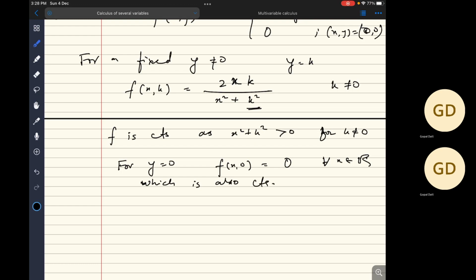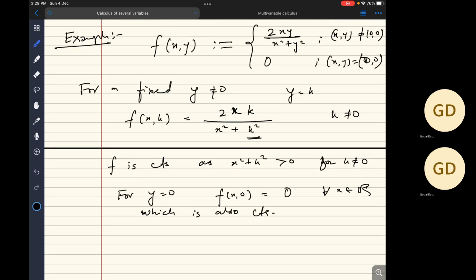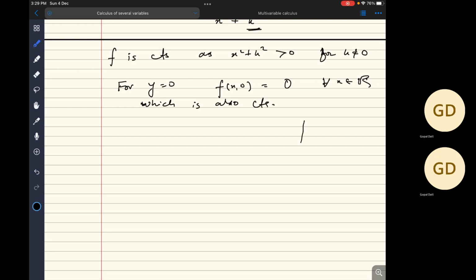Similarly, we can see that f is continuous in y for each fixed value of x. So these functions are separately continuous in x and y. But what about as a function of x, y, whether this function is continuous or not?